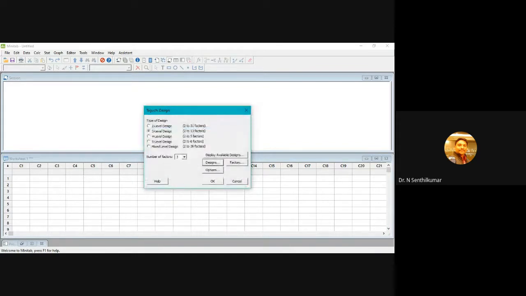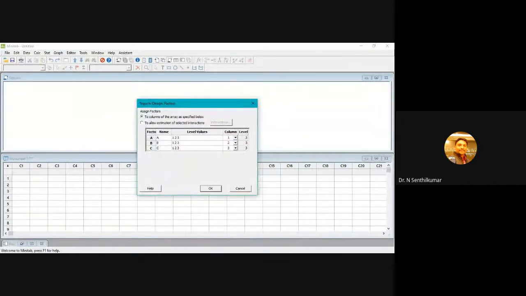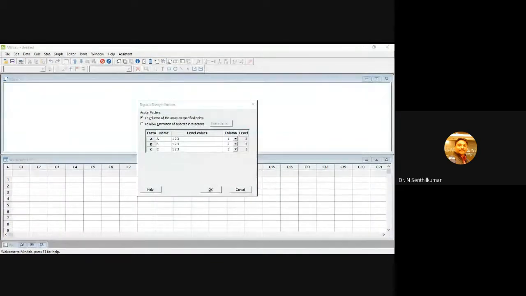Now you can see these 2 tabs are getting highlighted, the Factors and Options. Now I am going to click Factors. Here you can see the name and the level values. So the name that I am going to obtain is feed temperature.